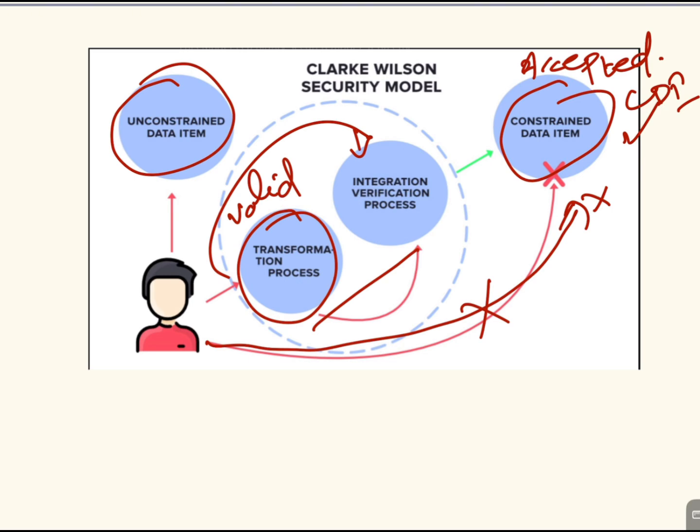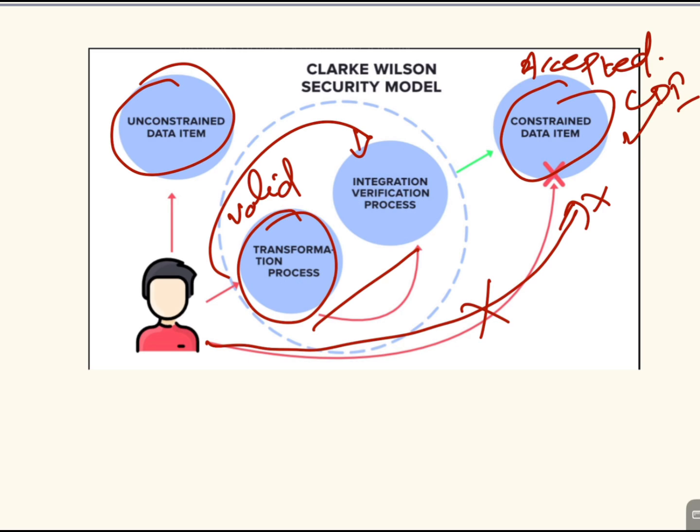The Clark-Wilson model prevents unauthorized modification using a controlled process. As I said, the BIBA model protects integrity using strict access rules, no read down, no write up. But the Clark-Wilson model protects integrity using controlled data transformation and verification processes.